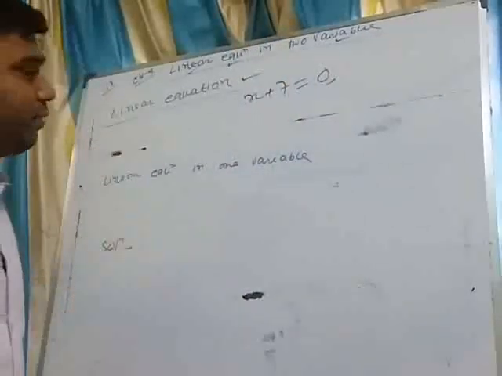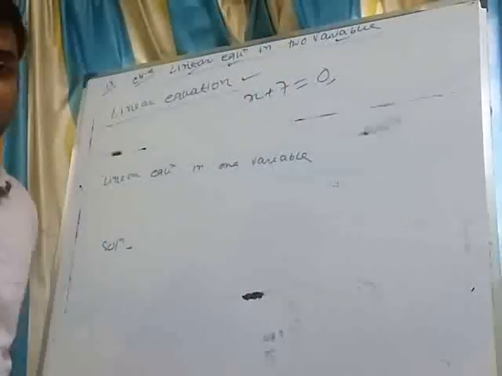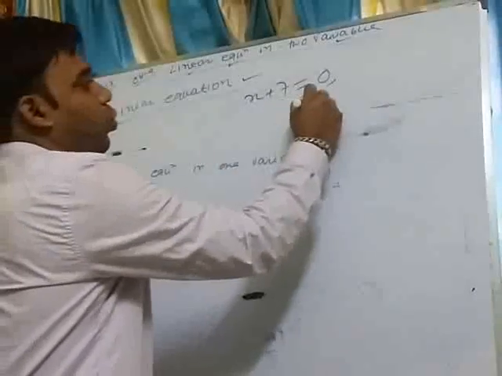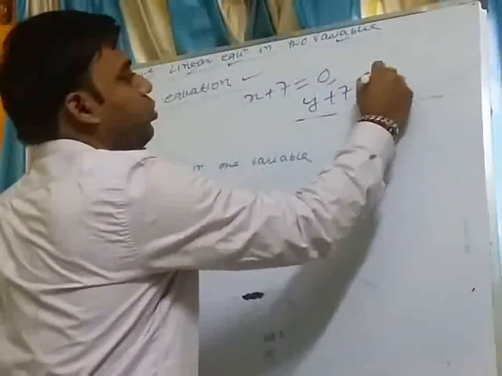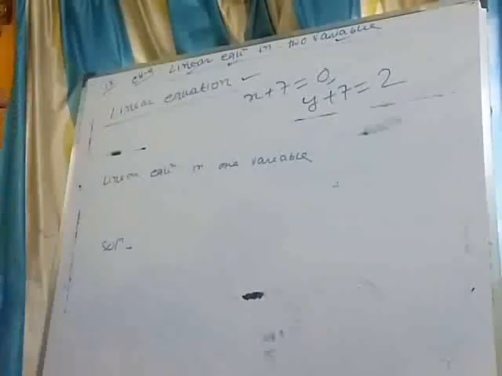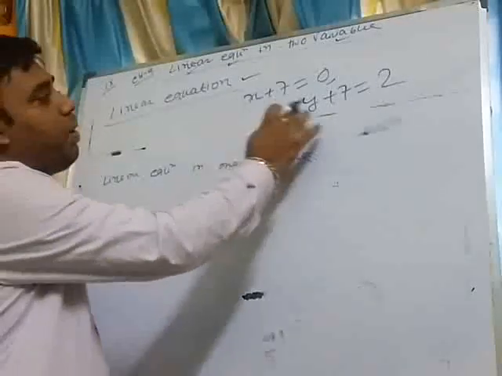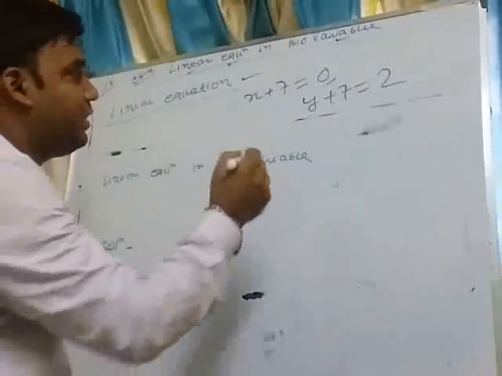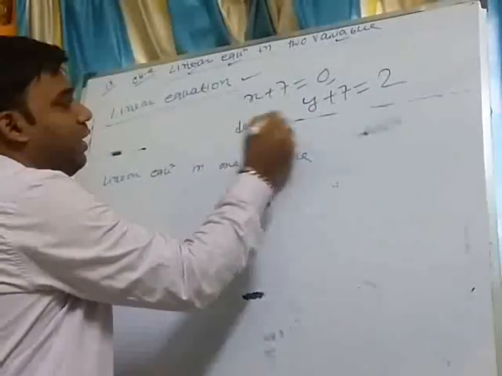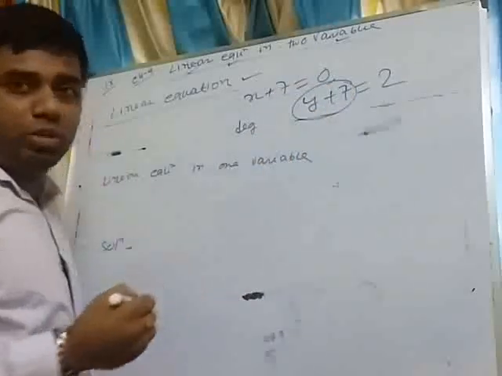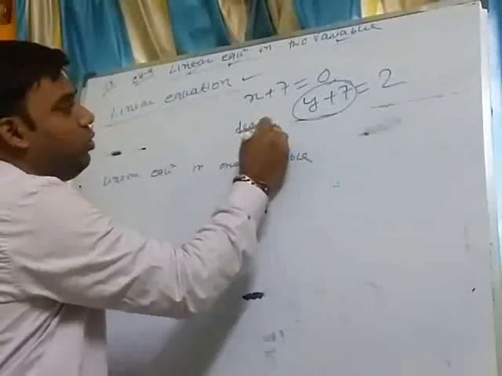Here the variable is x and the highest power is 1, so that is a linear equation. y plus 7 equal to 2 is also called a linear equation. In a linear equation the highest power of the variable should be 1, that means degree equal to 1, if that portion is a polynomial and the degree of that polynomial equals 1.